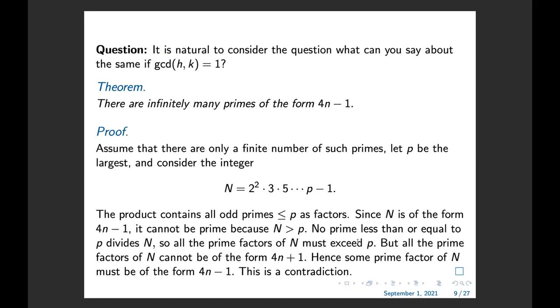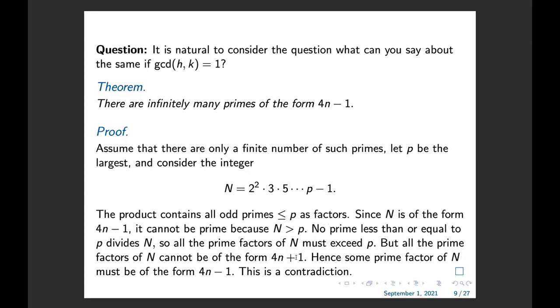All right. So if q is a prime factor of n, then q must be greater than p. And since p is the largest prime which is of the form 4n minus 1, this factor of n, which is q, must be of the form 4n plus 1, because it has no other option.